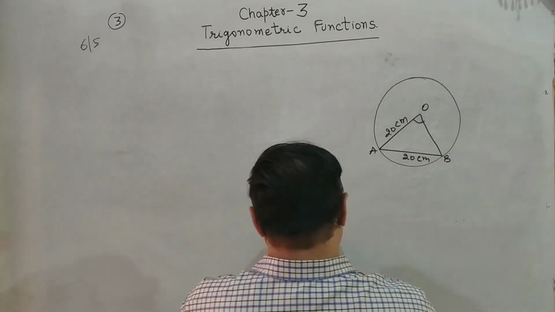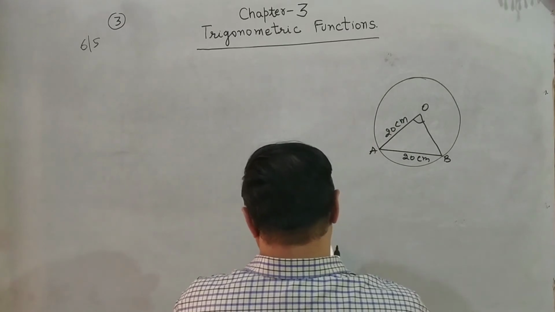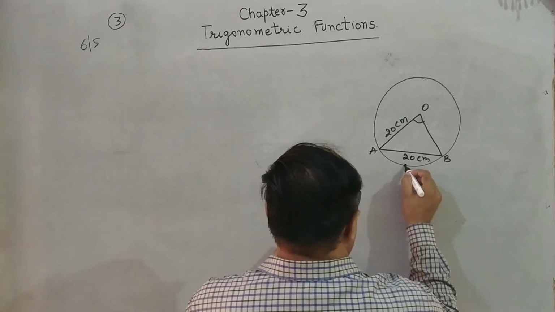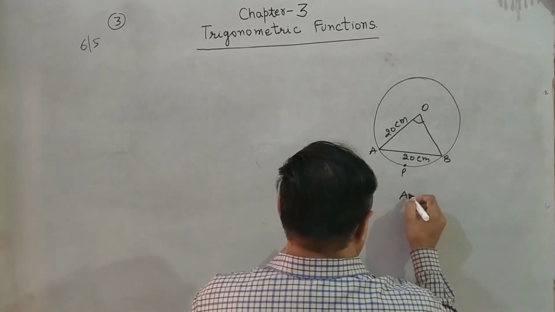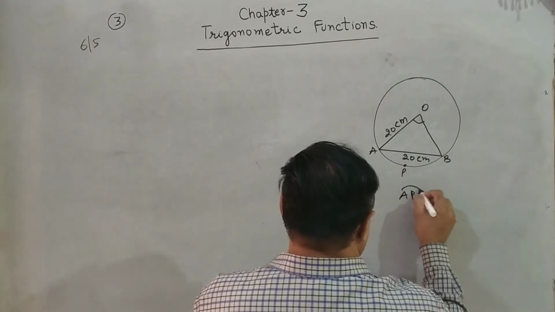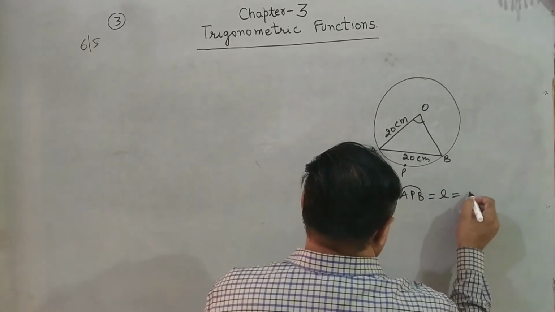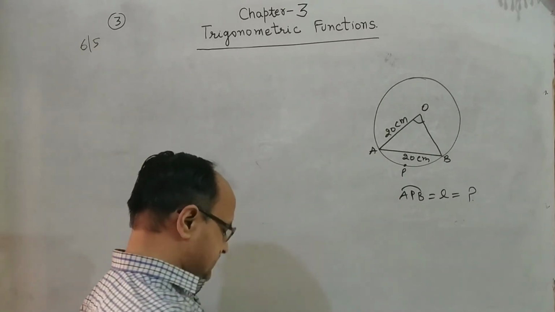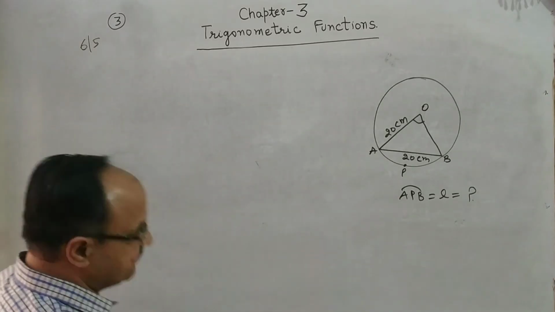Find the length of the minor arc of the chord. You want to find the minor arc APB. This is question number 5.